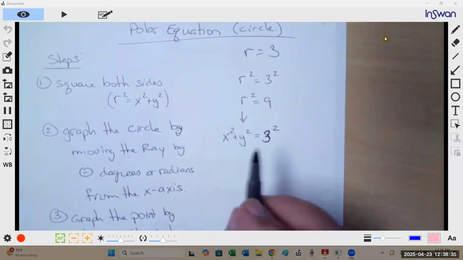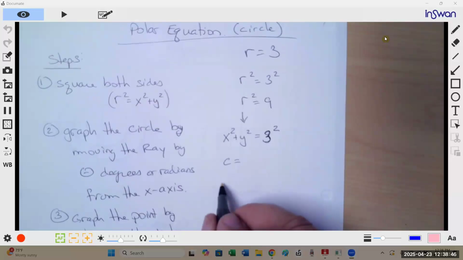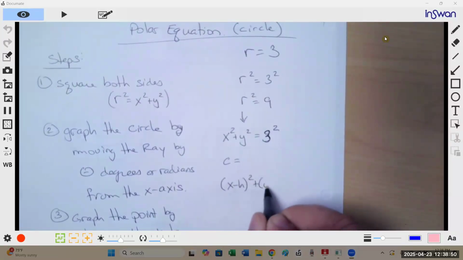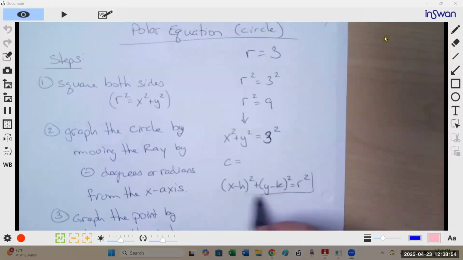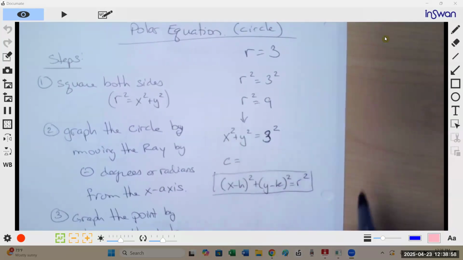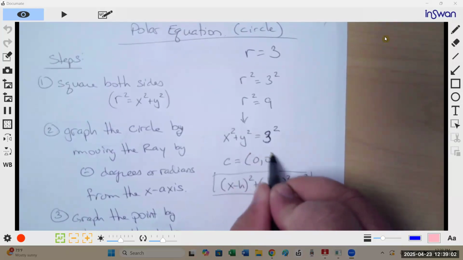So what's the center of this circle? This is an equation of a circle. Remember, a circle looks like x minus h squared plus y minus k squared equals r squared. That's the equation of a circle. There is no h and k, so the center would be 0, 0, correct.